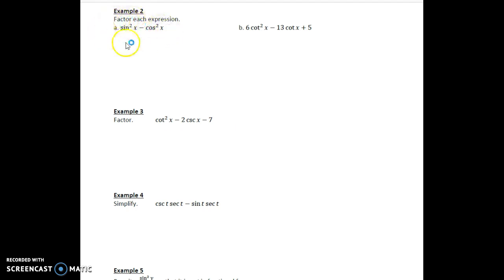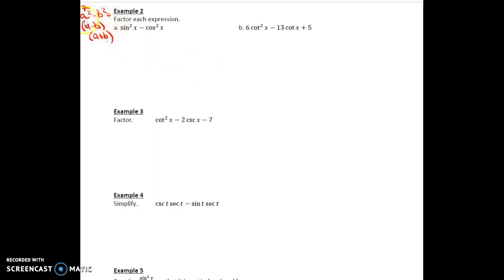So what I'm seeing here is difference of two squares. This is a very commonly used formula in this sort of problem. If you have a squared minus b squared, that is equal to a minus b times a plus b.